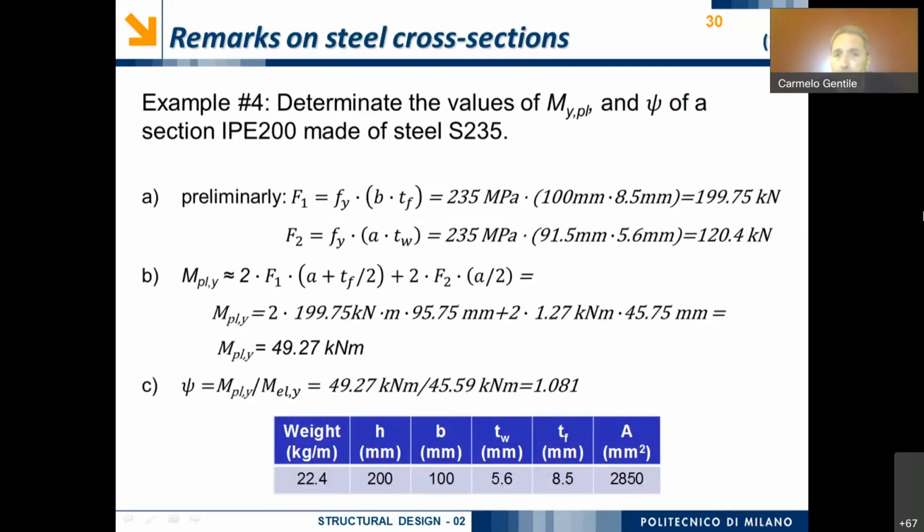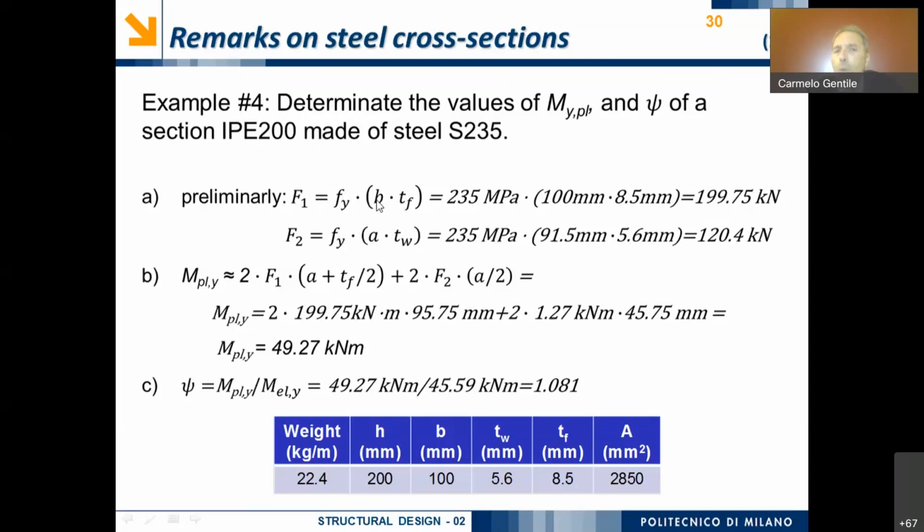For example, let's try to evaluate this value for a different profile, the IPE 200 profile, made again in a steel like S235. Okay, so what we have to do is multiply the value of the yielding stress times the area of the flange.